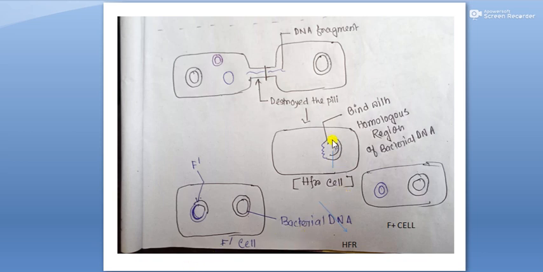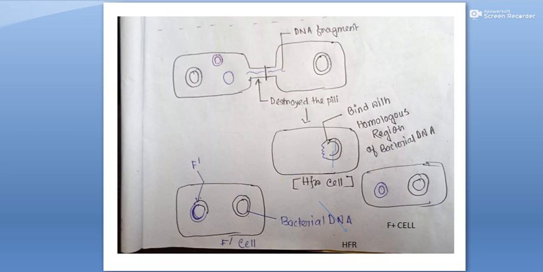Sometimes those parts separate out, but they take some part of the chromosomal DNA and form an F prime plasmid in the F minus or recipient cells, and those F minus cells are then converted into F prime cells. That means a combination of the chromosomal DNA and the F plasmid part of DNA, right? So these bacterial cells are converted into F prime cells.